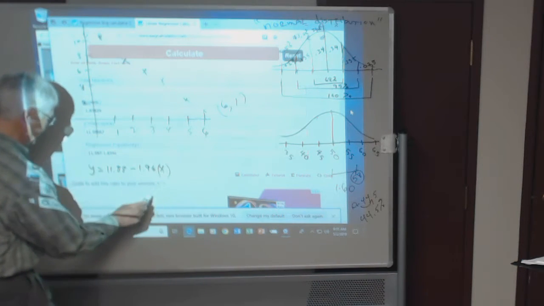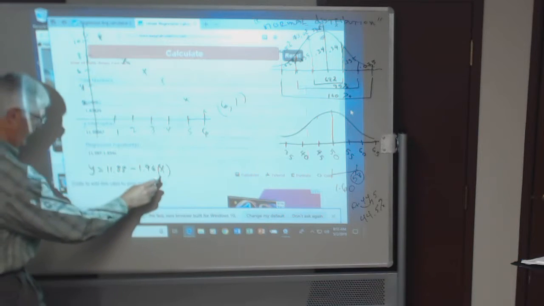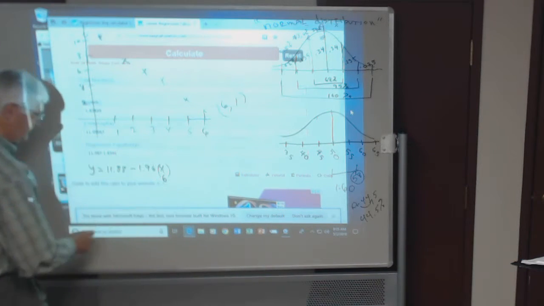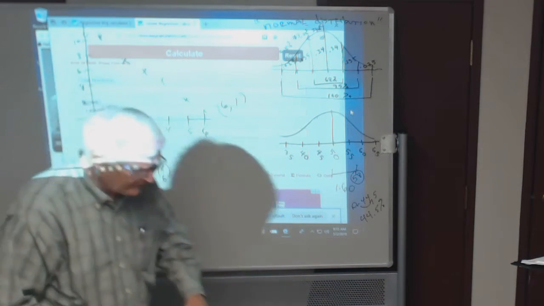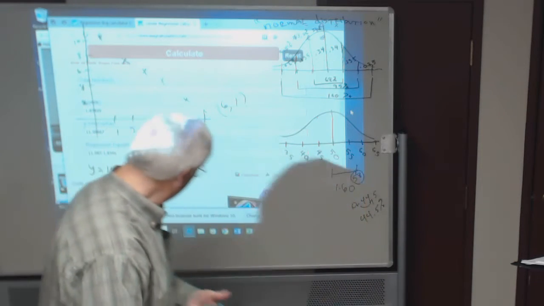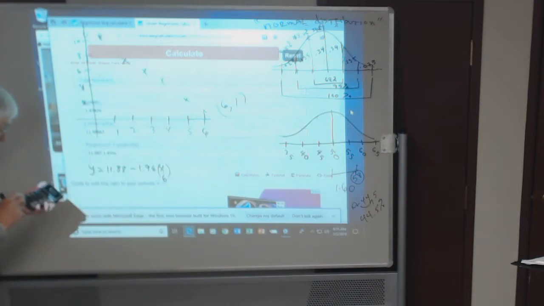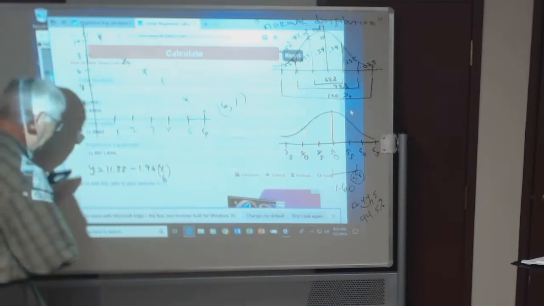And we need to find y when x is 6. So we put a 6 in there. And then we take 1.96 times 6 equals 11.76.